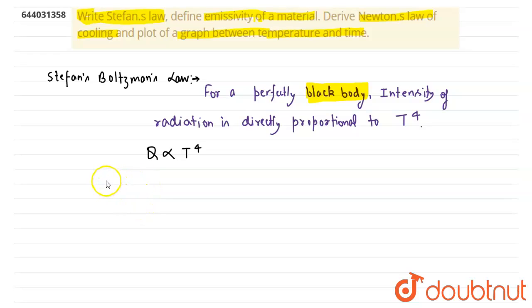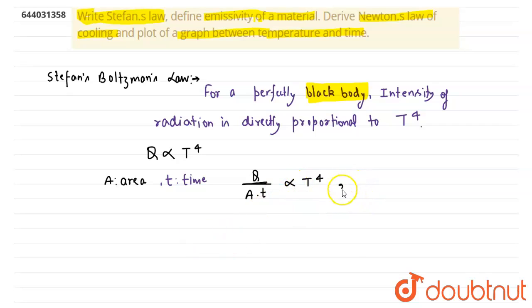If A is the area and T is the time, because heat transfer will take some time, then we can write Q upon A into T. This is the amount of energy radiated per unit area per unit time. That will also be proportional to T raised to power 4.